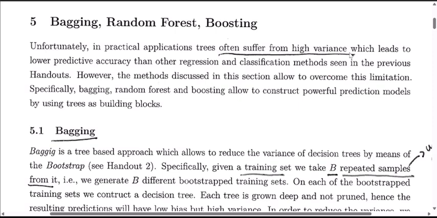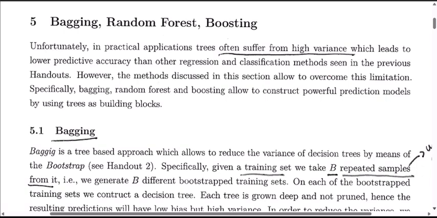It's not good for predictive accuracy. So whether for regression purpose or for classification purpose, we believe that bagging, random forest, and boosting will be able to correct that because we are looking for opportunity to increase predictive ability.